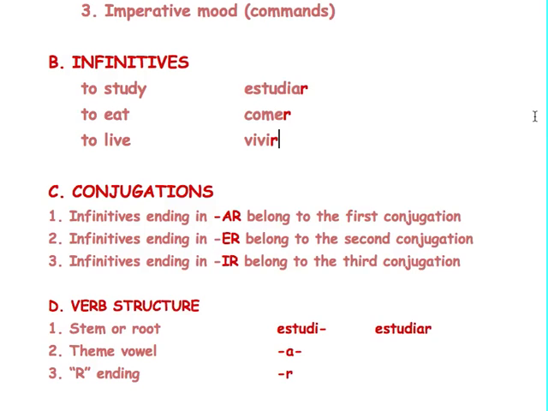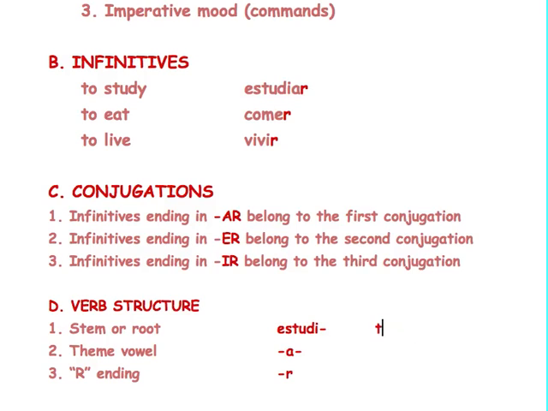The verb structure. So we have a stem or root, like, for example, from estudiar, to study, we have estudi. Okay, so estudiar, and the stem is estudi.